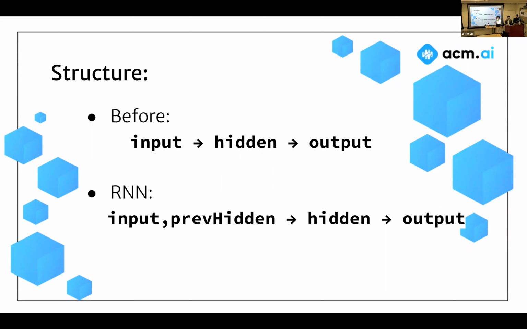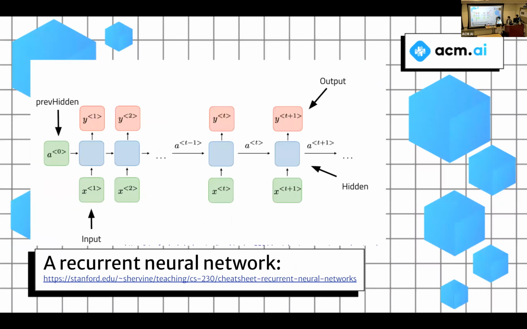So we can have that sequential data, and then we get the output. Does this distinction make sense, like why we're doing this? Okay, solid.